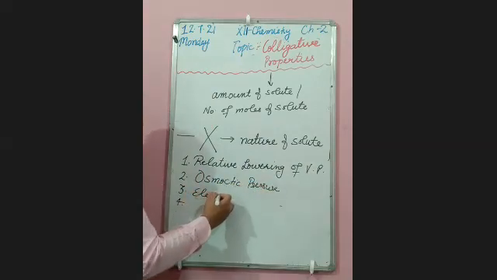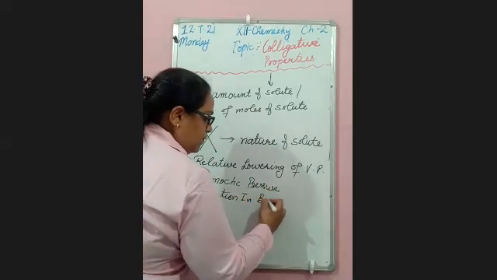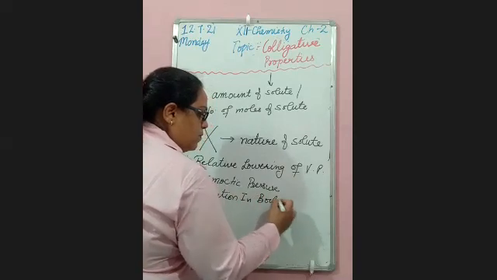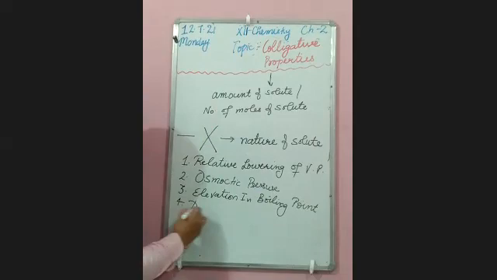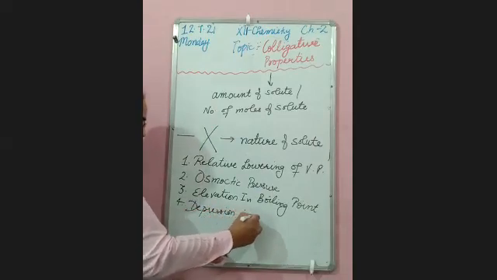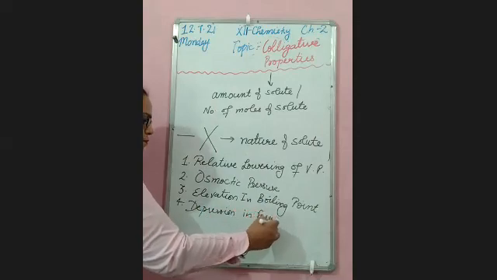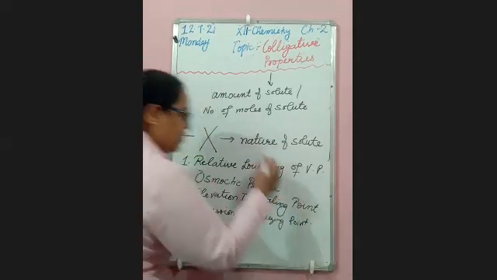Third is elevation in boiling point. Fourth is your depression in freezing point. We will discuss one by one.